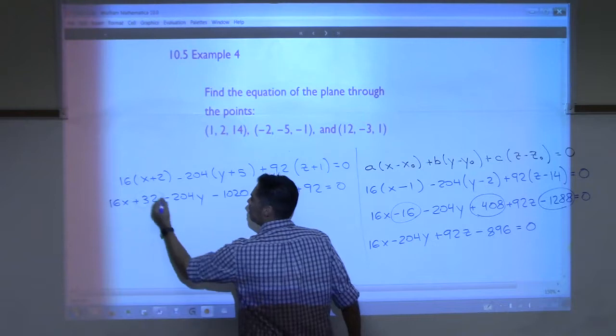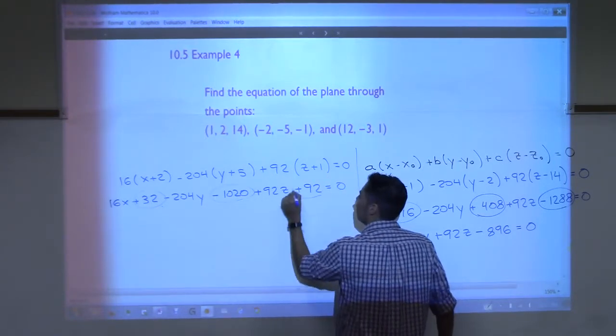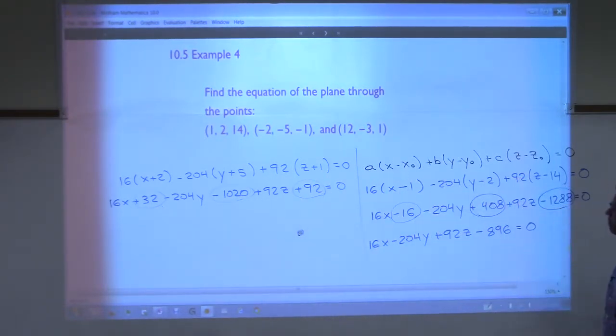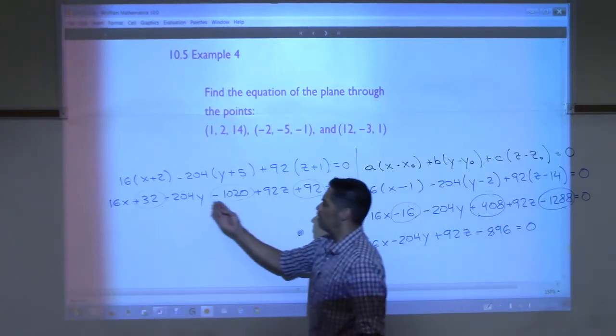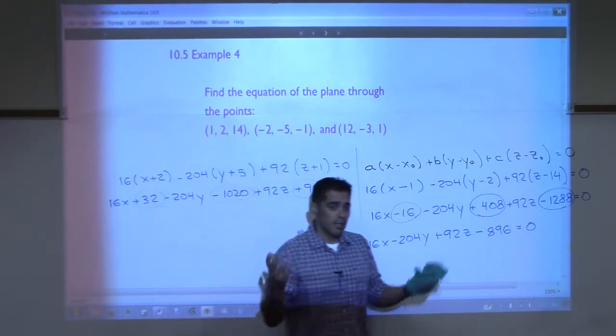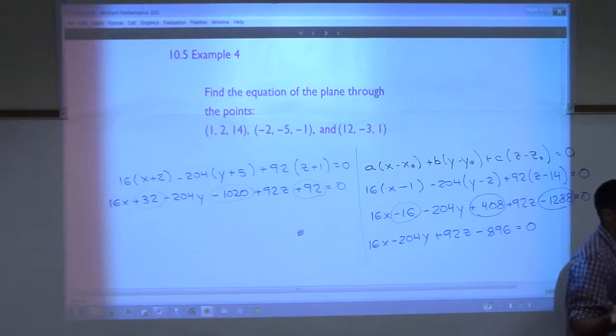Put these constants together. 890 minus 896? Okay. And these are the same, right? These are the same coefficients on the x, y, z. So no matter what point we pick, we're going to get the same equation at the end. Questions?